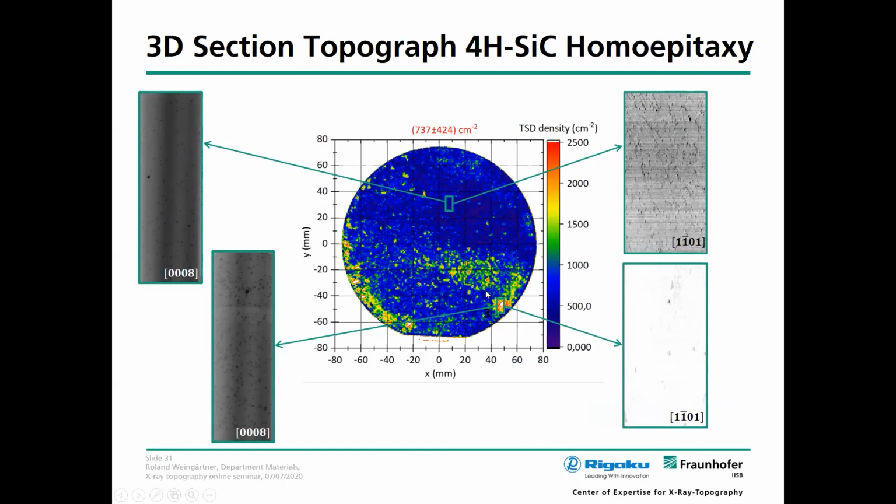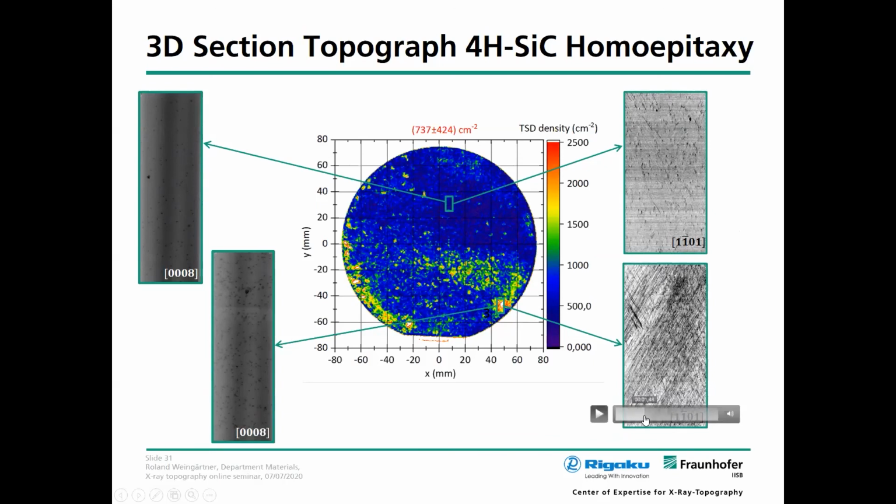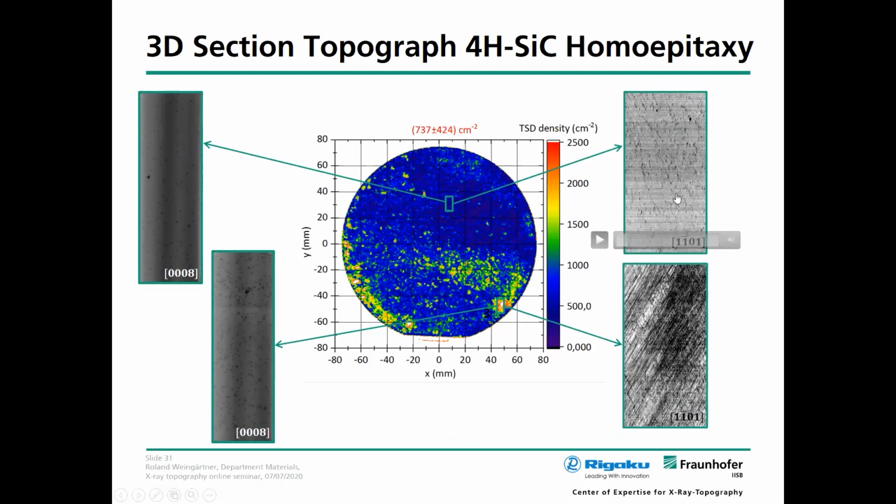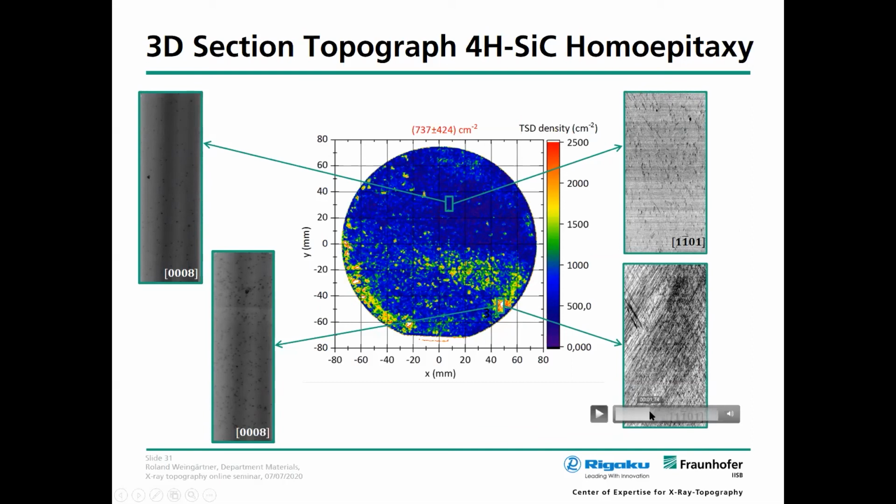Even more impressive is this in this high density area. If you go now through the wafer, you see, of course, this is more crowded. In comparison to above, the density is much higher. And therefore, we expect killing defects. And this you see here. Now we are in the epi-layer, and you see these triangles here.